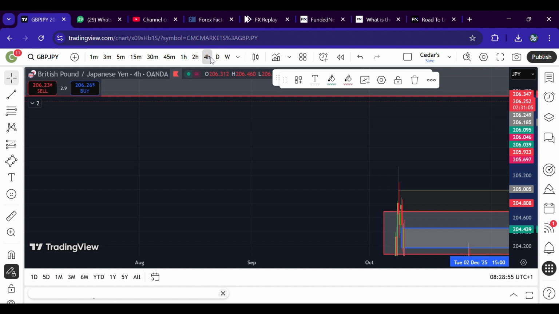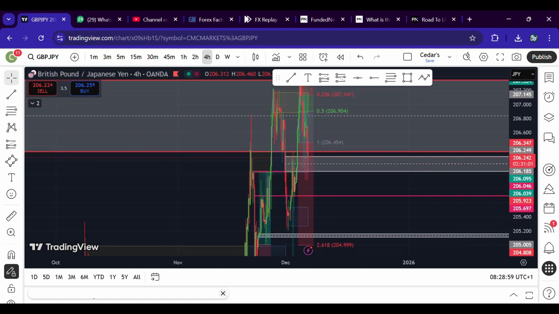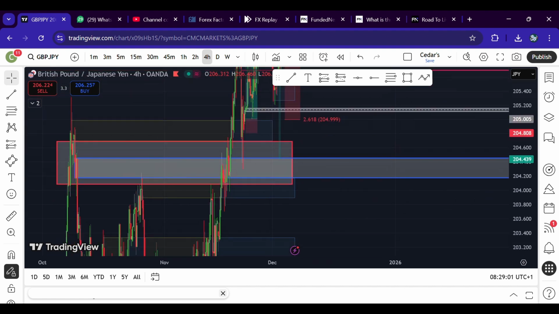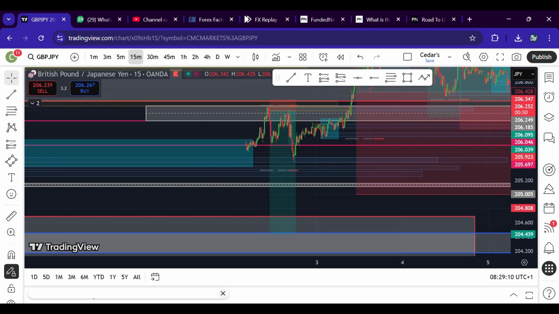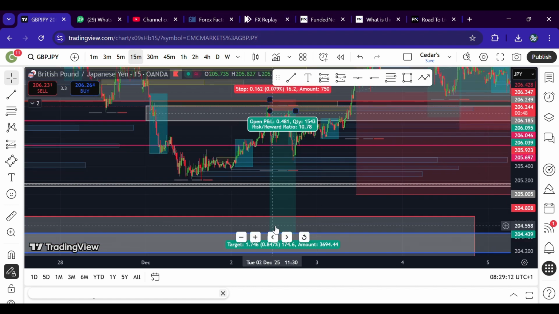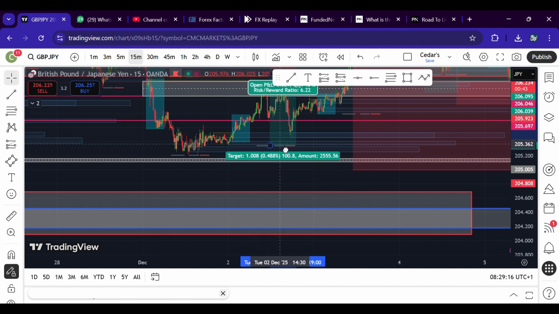Actually, sorry. The TP was actually lower than that. It is way lower than that. So I missed out on 1:4, which would have put us up a little bit, and ended up losing.